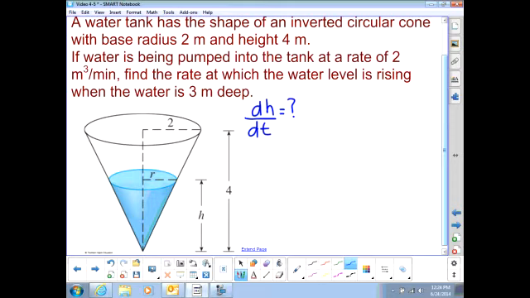Well, sometimes our units can help you. We've got meters cubed per minute. That is a rate of a volume because it's a volume over a time. So we're probably going to want to deal with our volume formula for a cone. Volume of a cone is 1/3 pi r squared times h.